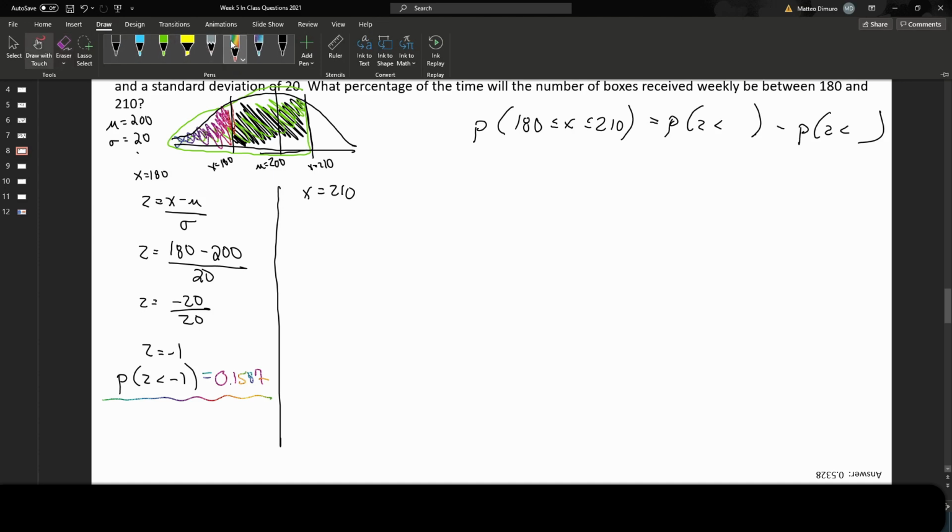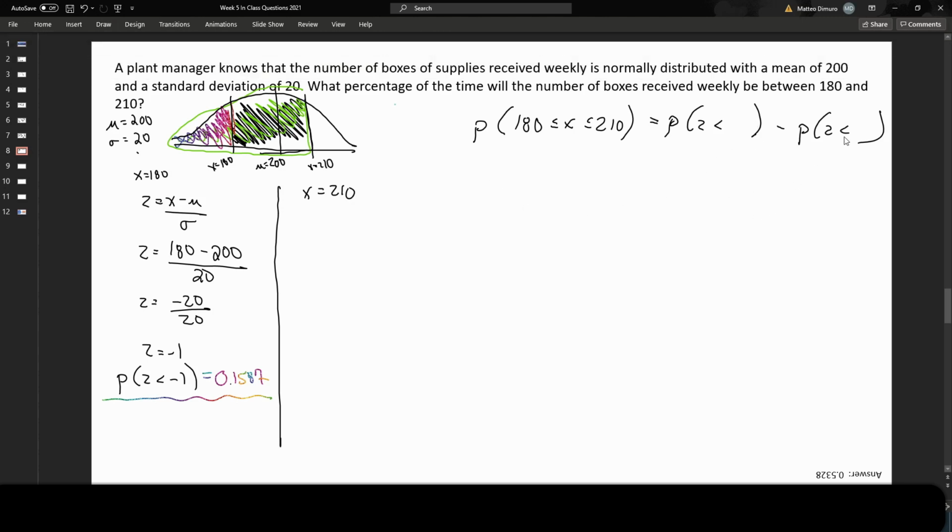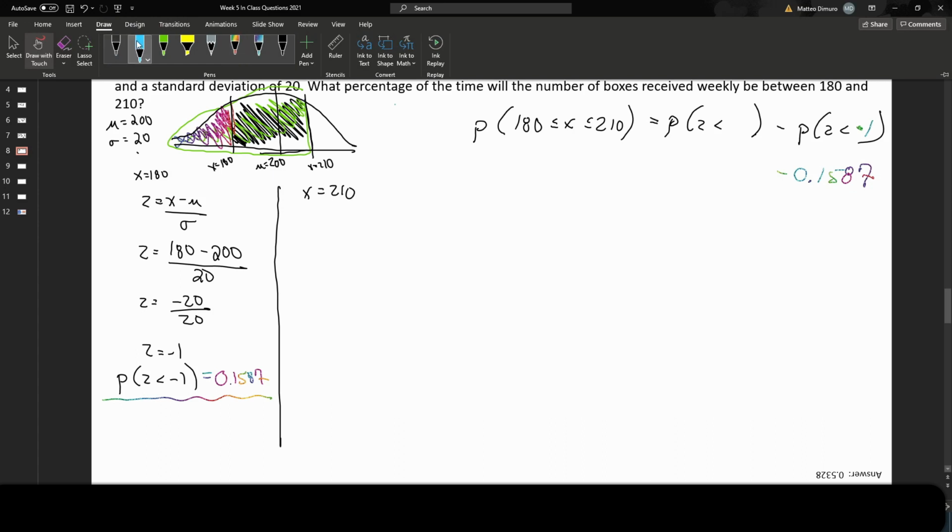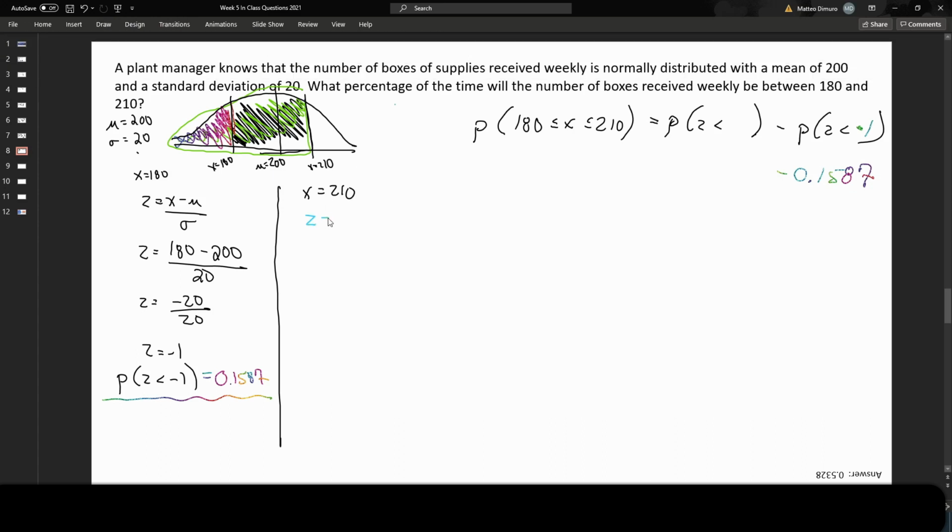How do I know that? Because I just did x equal 180. 210 is going to be bigger, so it's always the big number minus the small number. The small number is going to be over here, and we can write in 0.1587. Perfect. Let's do a different color, this nice blue color for this one.